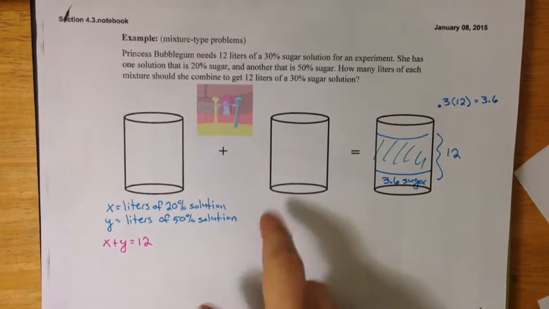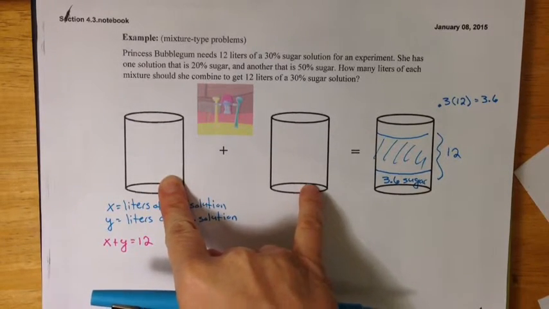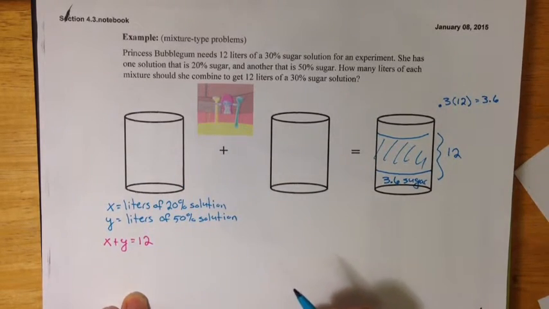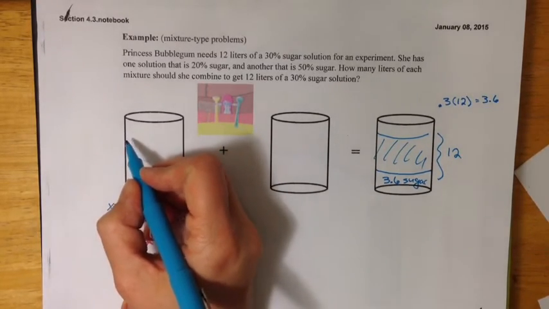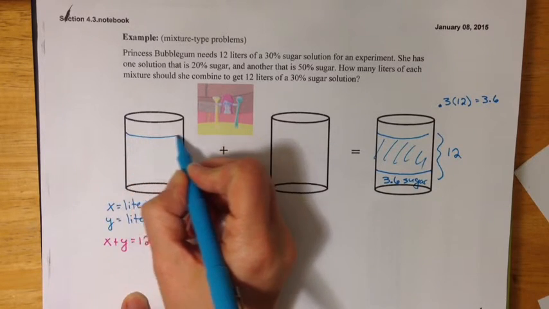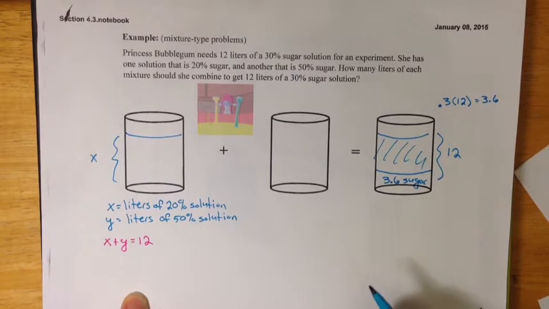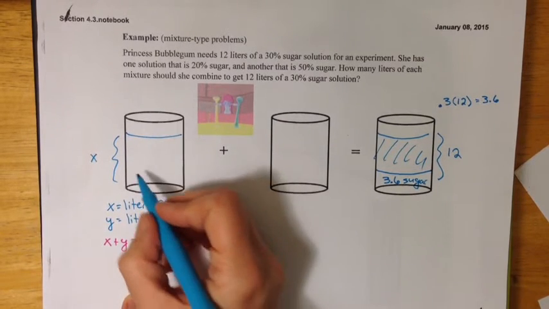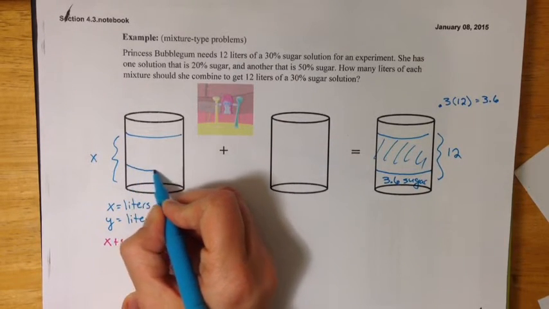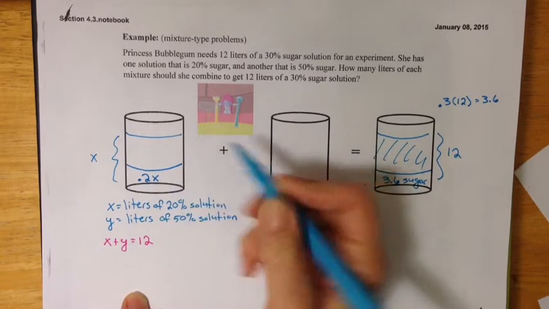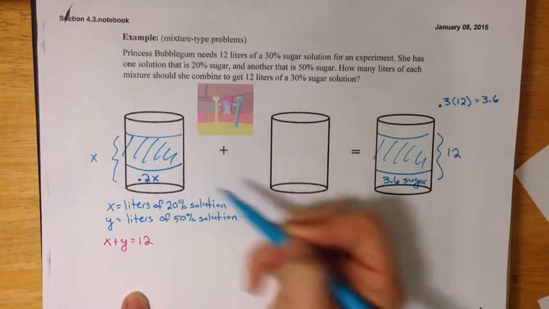We can do the same thing to the left side of our little visual equation here. If this one was my bottle of 20% solution, then however much I mix together is going to be a total of x liters. But not all of it is sugar. Only 20% of it is sugar. So the part of it that's sugar is 0.2 times x, and the rest of it is filler.